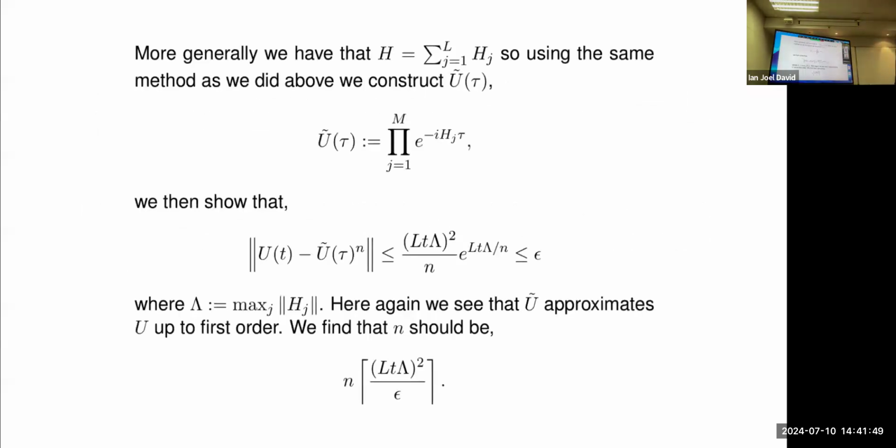So far we've only talked about the Hamiltonian being the sum of two terms, just so that we can do the analysis in a very straightforward way. But in general, you'd want to do the same analysis for a Hamiltonian that is a sum of terms from 1, say, to L. Okay? Using the same method as above, we construct the approximation as a product of e to the minus i H_j tau.